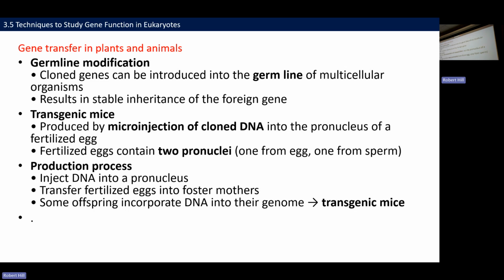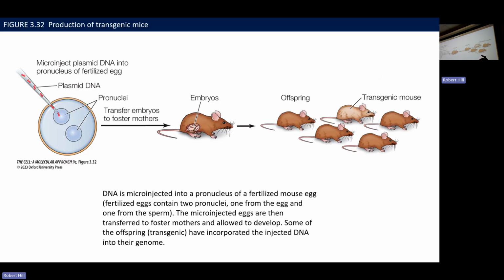Okay. One way to generate transgenic mice is doing microinjection of your DNA into the nucleus of a fertilized egg. Fertilized eggs will contain two pronuclei, right? They've got one from the sperm and one from the original egg. And using microinjection, you can inject it right into the nucleus.